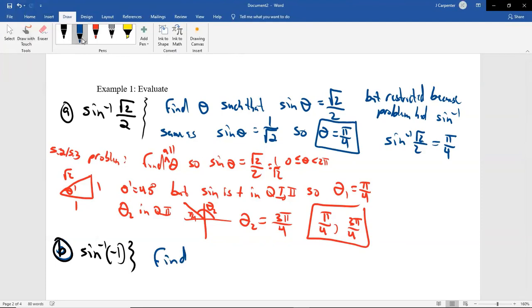But then what you're thinking about is finding an angle such that the sine of that angle is equal to -1. But restricted to what? Quadrants 1 and 4.